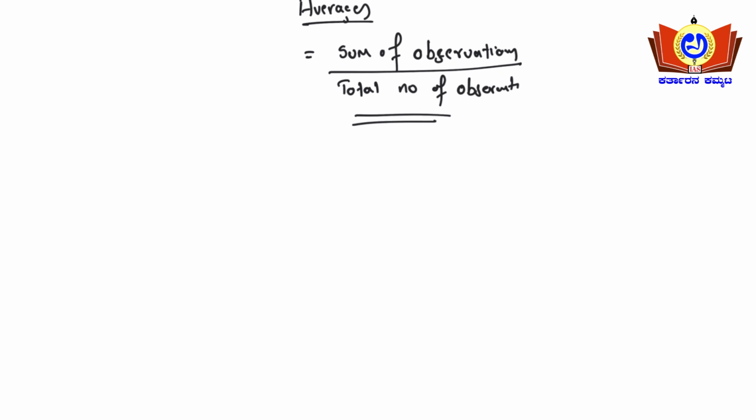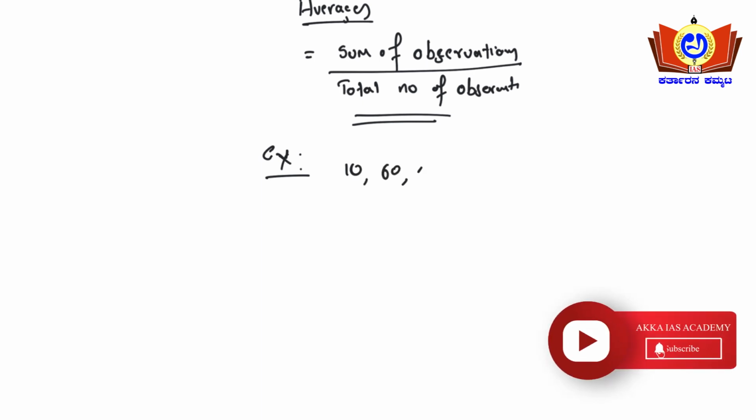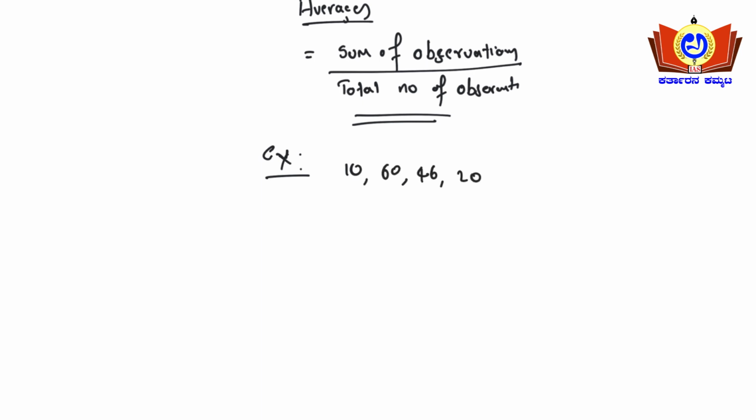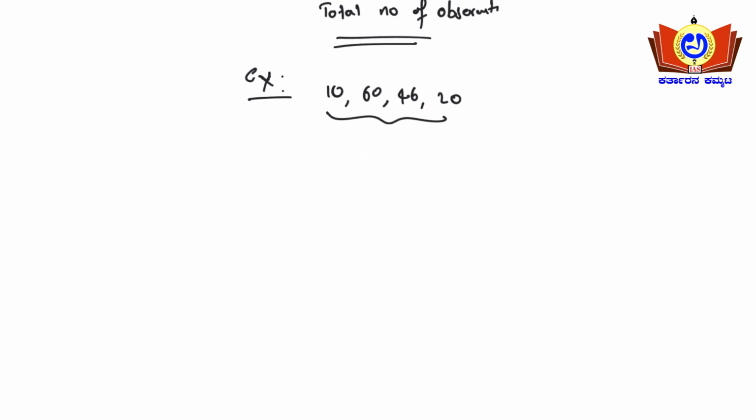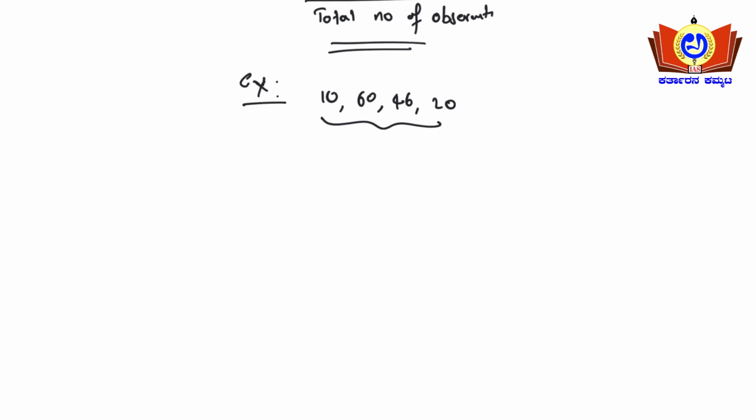For example, they have given four numbers: 10, 60, 46, 20. If they ask you to calculate the average of these four numbers, we need to add 10, 60, 46 and 20, based upon how many observations there are. 1, 2, 3 and 4 observations.